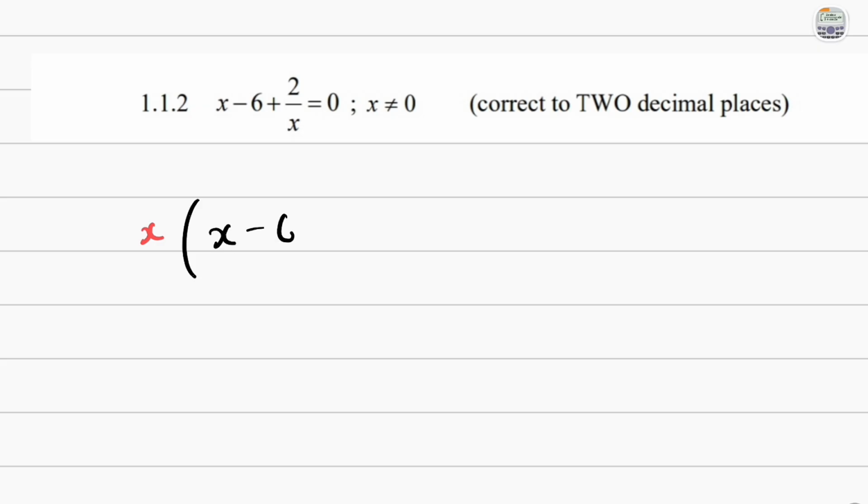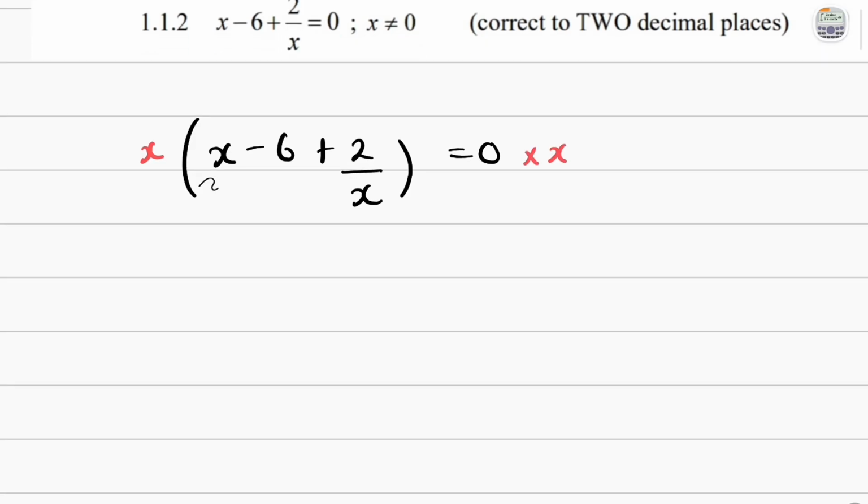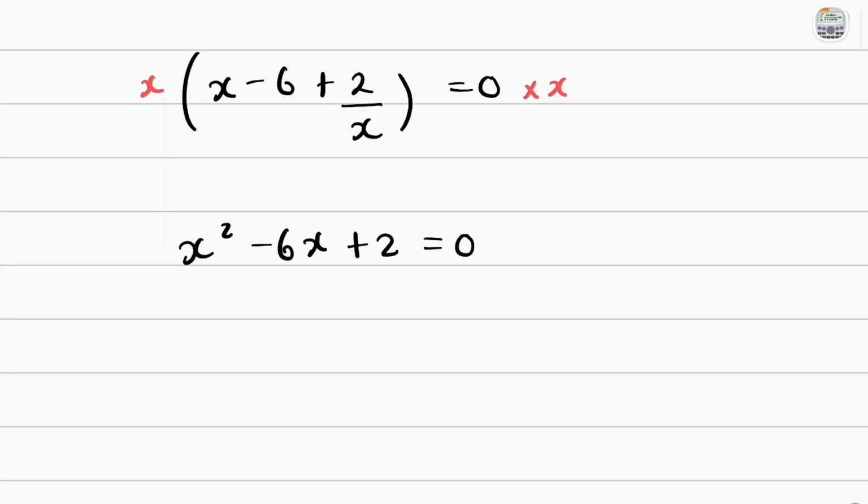So we still have the x, minus 6 plus 2 over x is equal to 0, and that also multiplies by x. And now this is going to be x squared, and that's negative 6x plus 2. See how the x and that x will cancel in the denominator, is equal to 0.